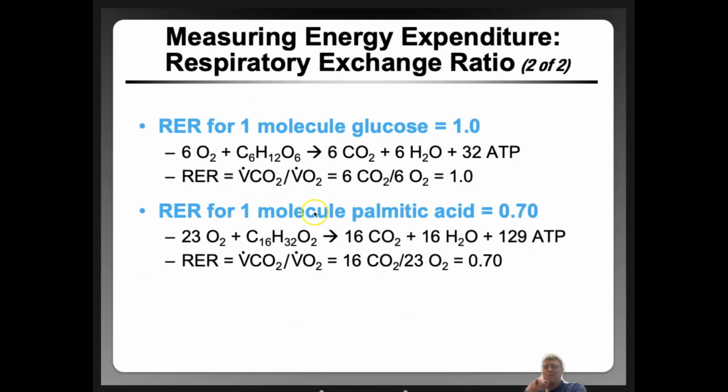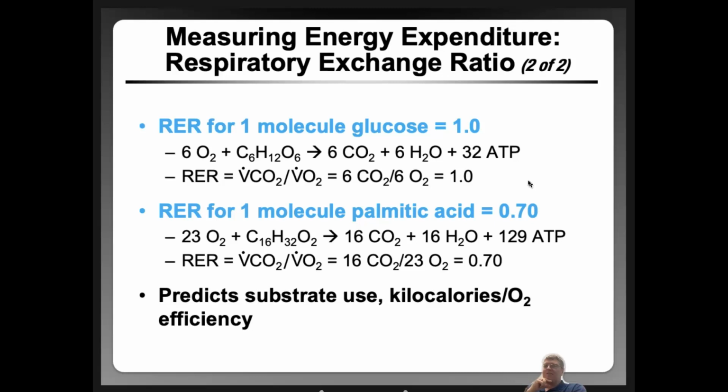So when you look at the fatty acid molecule, which is how we know if it's carbohydrates or fats, depending on if it's 1 or 0.7, there's the chemistry that would be done for that, and it comes to 0.7. I'll let you write that. An RER of 1 for 1 molecule of glucose. There's your numbers there.